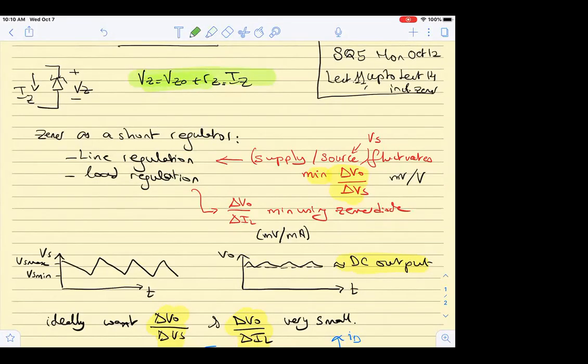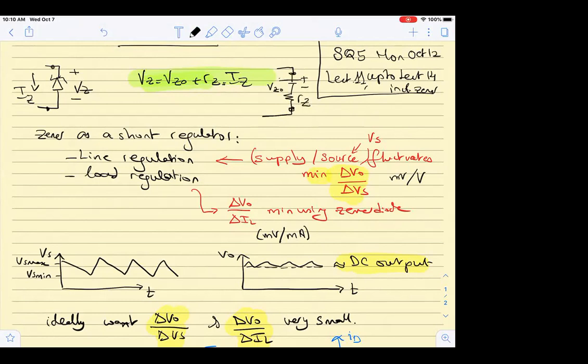Let's see. From here to here it is VZ, and the current flowing through it is IZ. So between VZ and this node, between those two nodes, I can really place a voltage source VZ0, right, and a small resistor RZ.